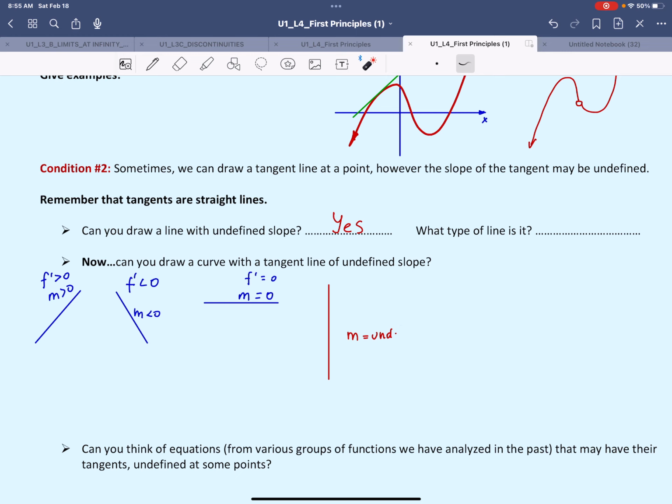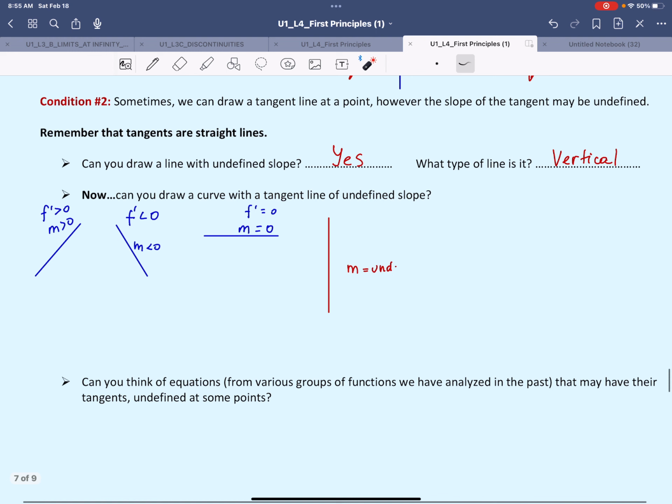That's what makes the slope undefined. So if the tangent drawn on a graph is vertical, the slope of the tangent is immeasurable, which means again that the derivative of the function doesn't exist. So the second scenario where a function is non-differentiable is if the tangent has immeasurable slope, or if the tangent line is vertical.